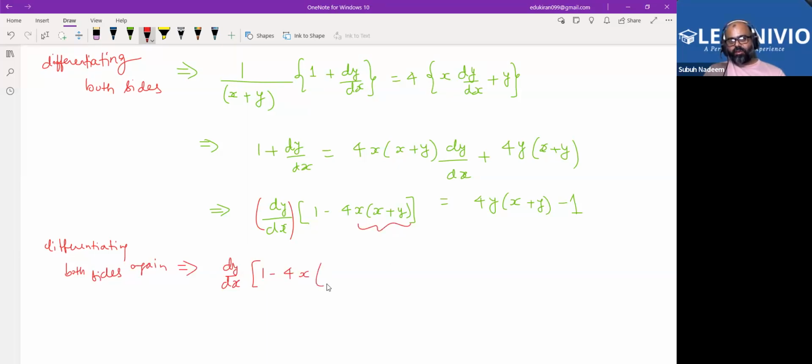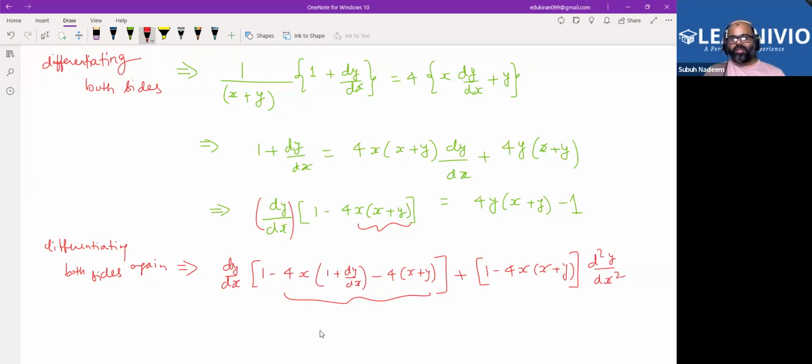So x into (1 plus dy by dx) and minus, then you will take 4(x plus y) as it is and dx by dx will be 1. So this is the product rule which we are applying here. Now this part into the derivative of this plus another part which is (1 minus 4x) into (x plus y) into the derivative of dy by dx, which will be d2y by dx square. So this is the derivative of the left hand side.